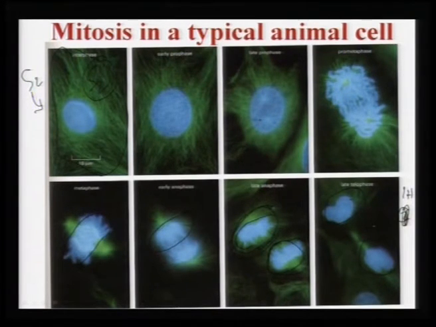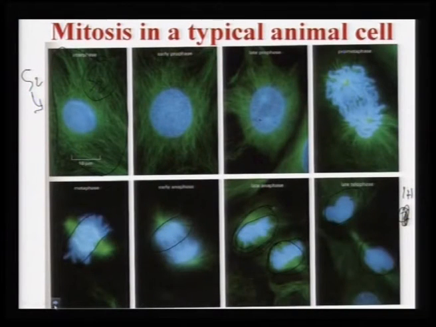So, this is the series of events that take place in a typical mitosis, the M phase. But remember, if the total cycle time for a human cell is 12 hours, this mitosis phase actually takes place in sometimes 1 hour or half an hour, because the maximum period that a cell stays in the cell cycle is the interphase.